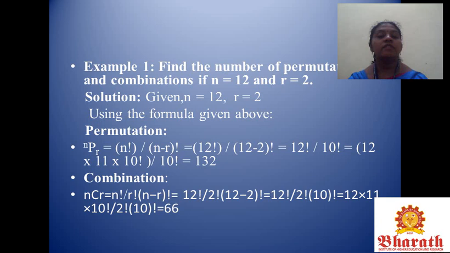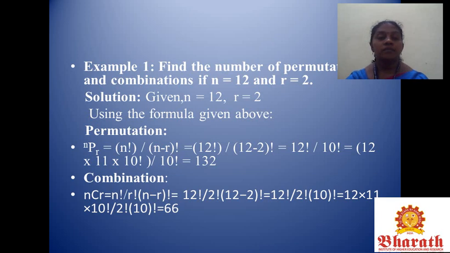So 12 factorial divided by (12 minus 2) factorial, equal to 12 factorial divided by 10 factorial. We can write 12 factorial as 12 into 11 into 10 factorial, divided by 10 factorial. So here 10 factorial gets cancelled. So our answer is 132.